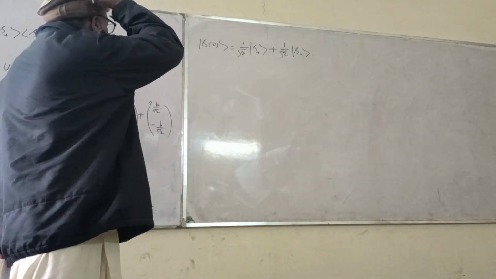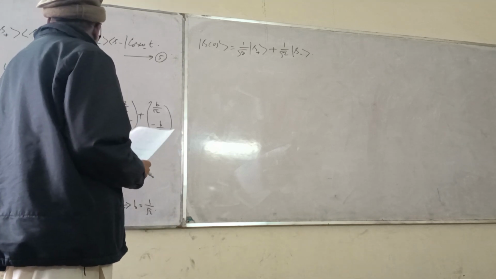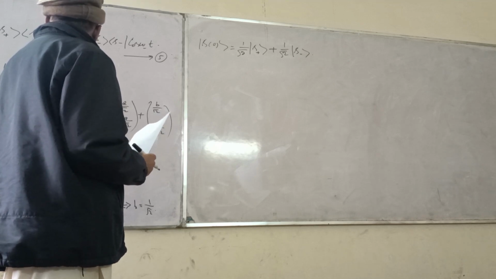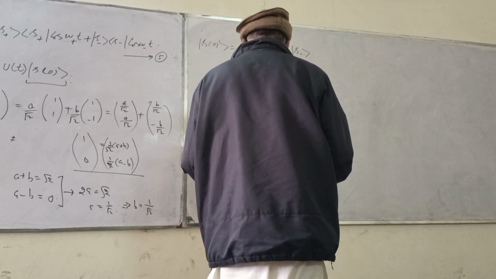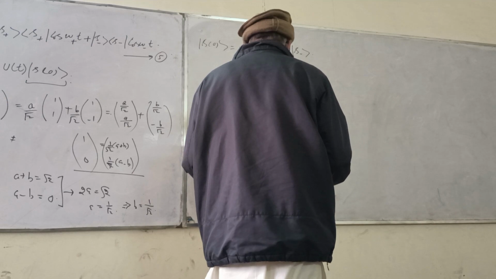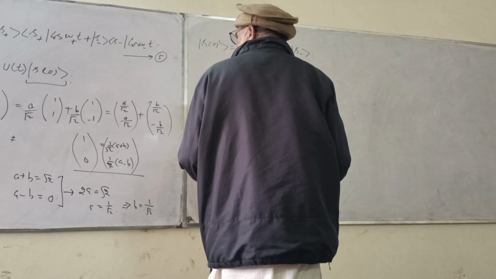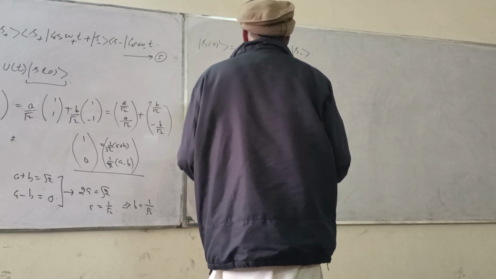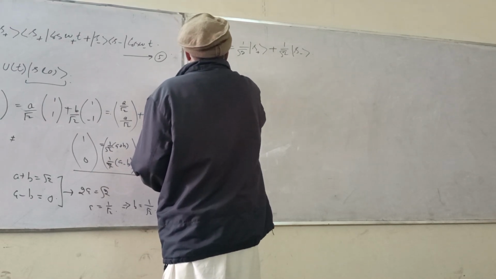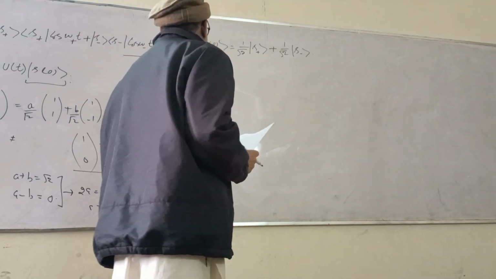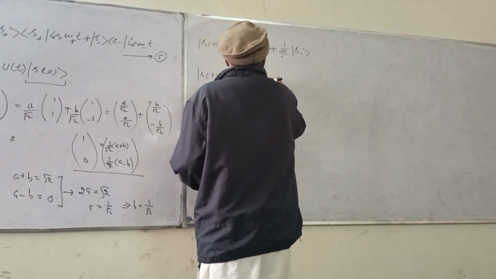Okay. So this will rather be, now if we apply the propagator, right, it was S of t equal to u of t on S of 0.